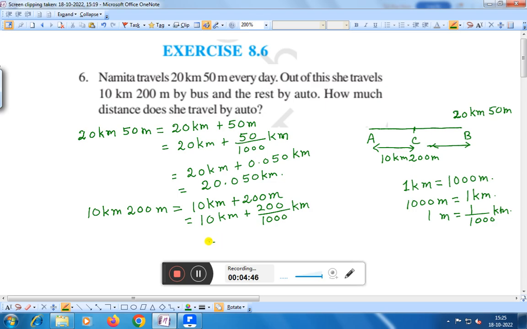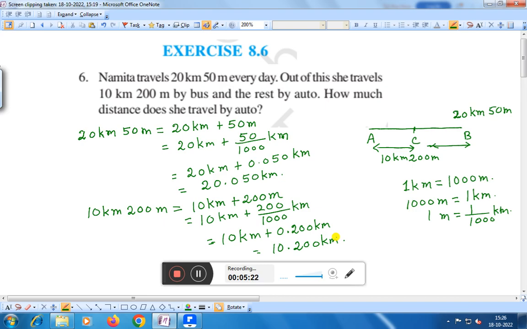That is we are getting 10 kilometer plus 0.200 kilometer, that is equal to 10.200 kilometer.